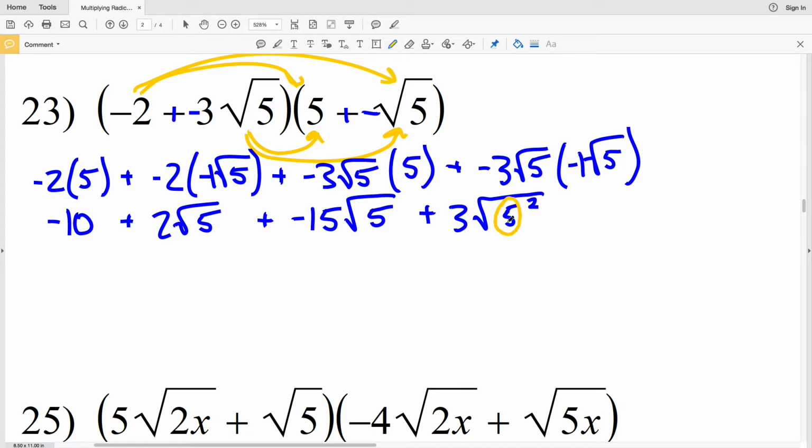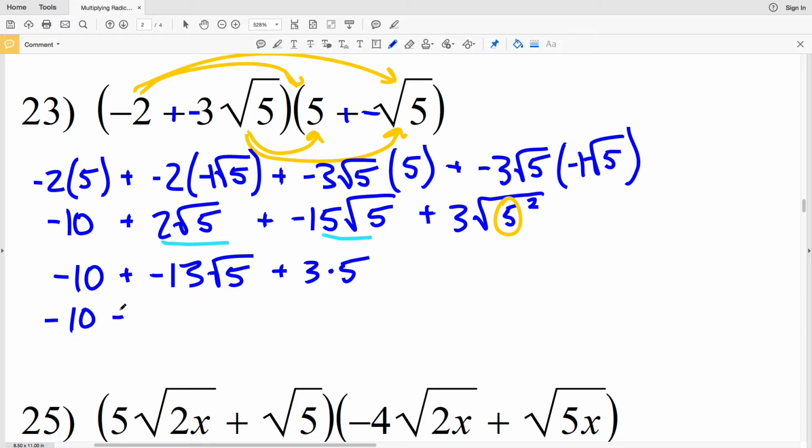So now I'll pull out a 5, and I'll combine my like terms. So I'll have negative 10 plus 2 plus negative 15 is negative 13 times the square root of 5, and then I'll add that to 3 times 5, pulling out that 5 from the square root because the square root of 5 squared is 5. So I'll have negative 10 plus negative 13 times the square root of 5 plus 3 times 5, which is 15.